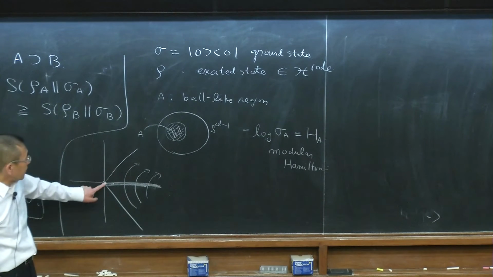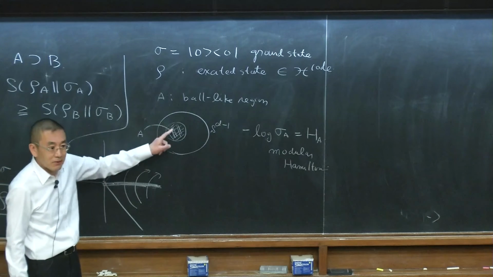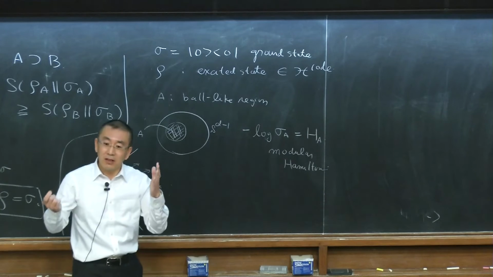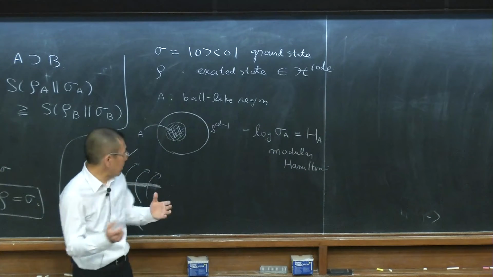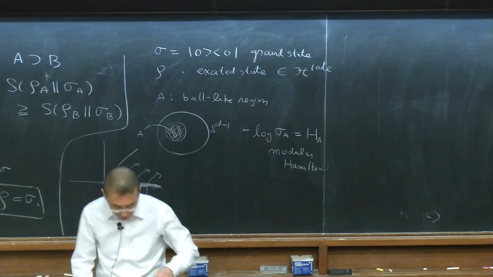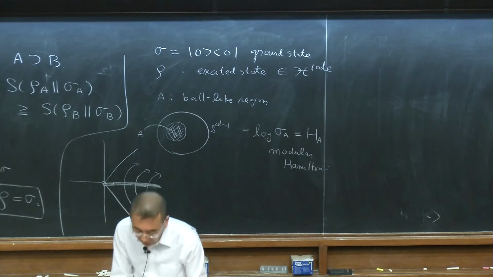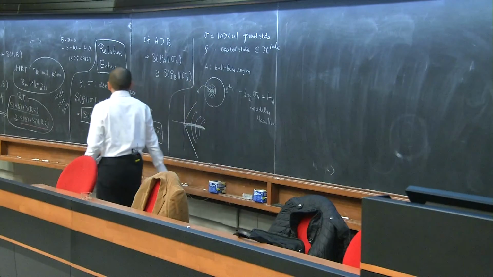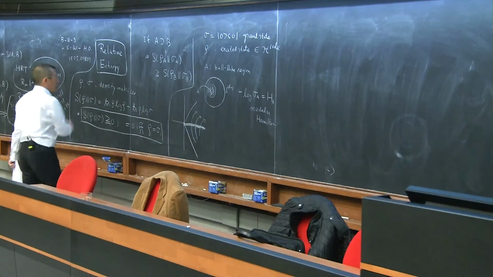So this is exactly the conformal transformation which fixes the boundary. And then you do the conformal transformation of this generator back into this region, and this gives you the modular Hamiltonian.